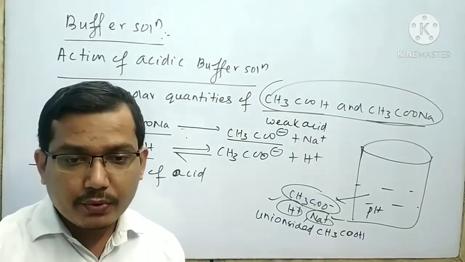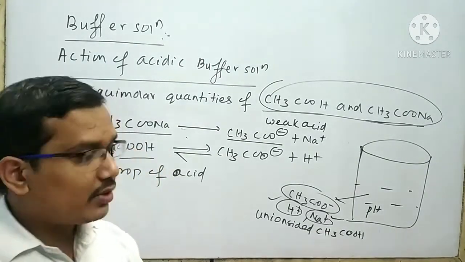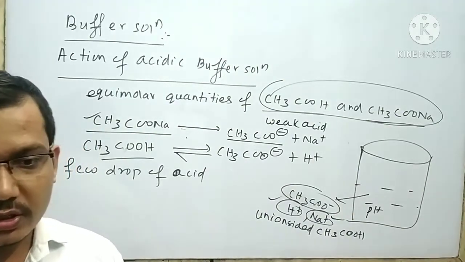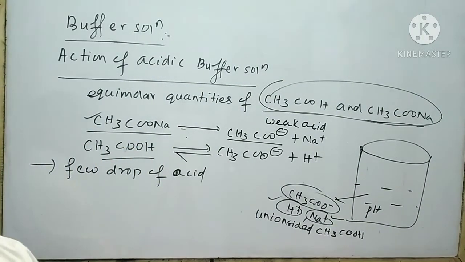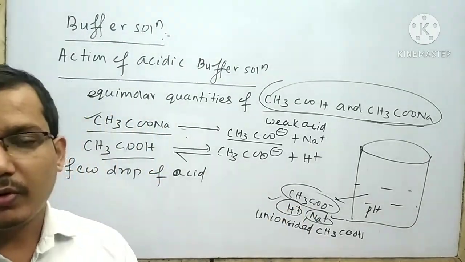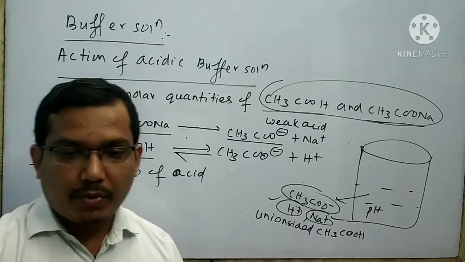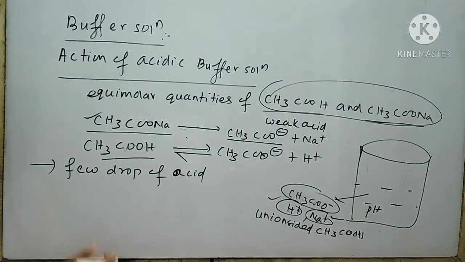Remember, when a few drops of acid, that means H plus, are added to this buffer solution, then the H plus ion of the acid immediately combines with the CH3COO minus ion to form undissociated acetic acid. That means when I add a few drops of acid, a reaction occurs.